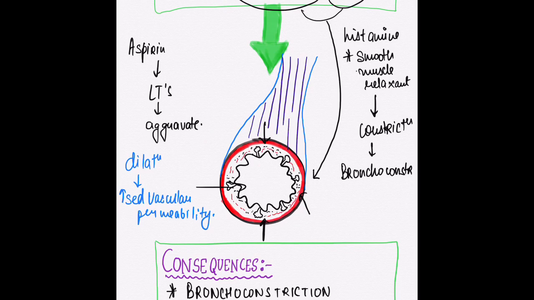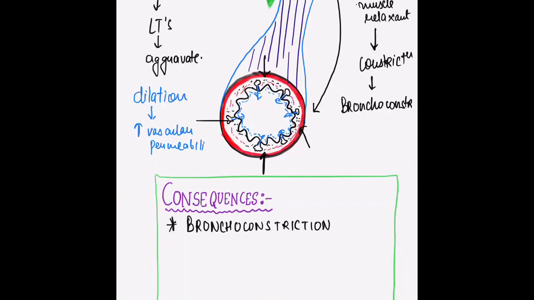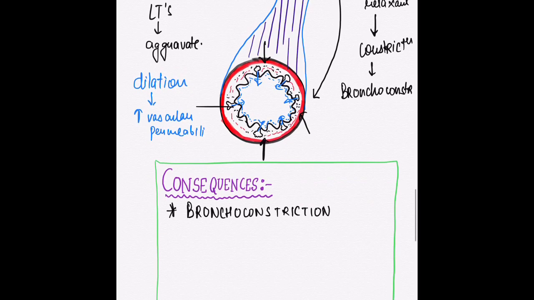This increased vascular permeability stimulates a lot of mucus production. This mucus buildup also narrows the airspace along with bronchoconstriction. So, the second consequence of histamine is excessive mucus production.